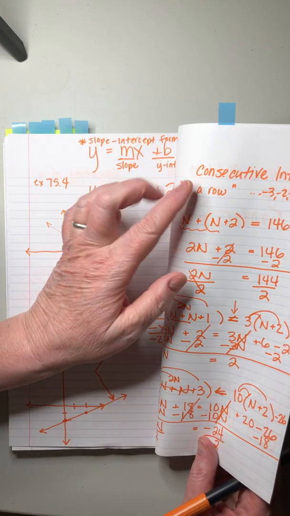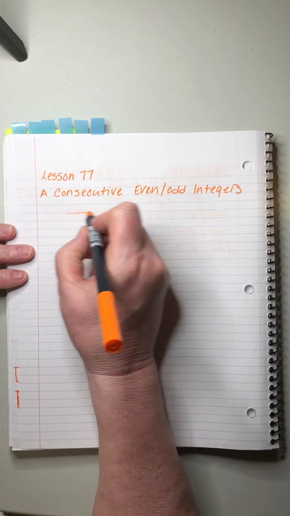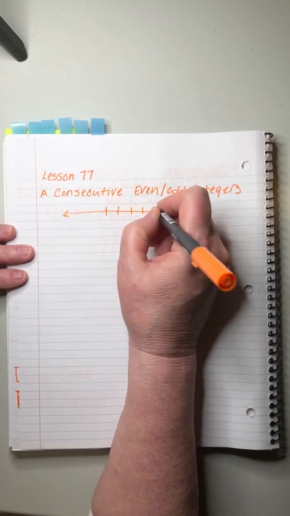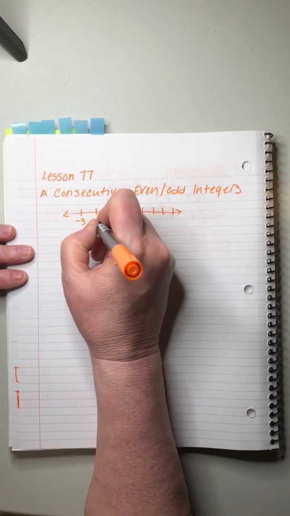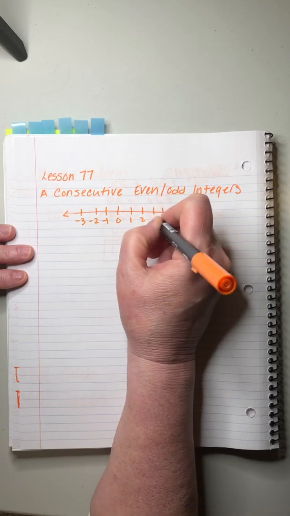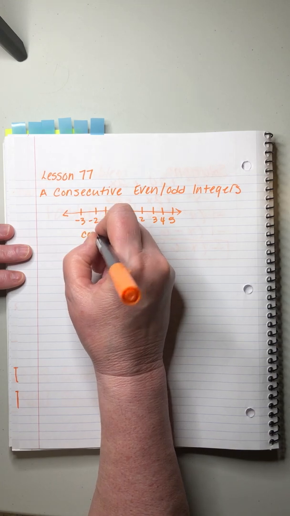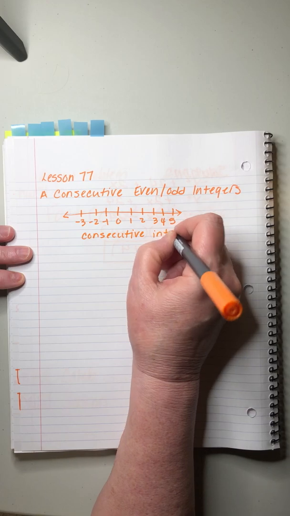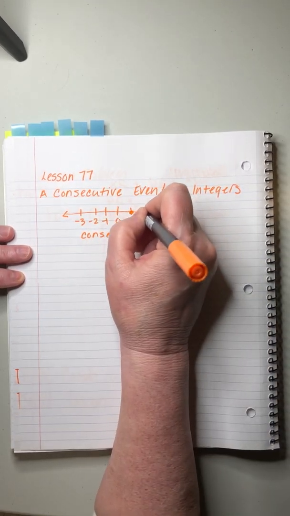What we were trying to find is three numbers in a row that are the solution to what we're looking for, right? If we envision that on a number line, we were looking for consecutive integers, like 1, 2, 3.